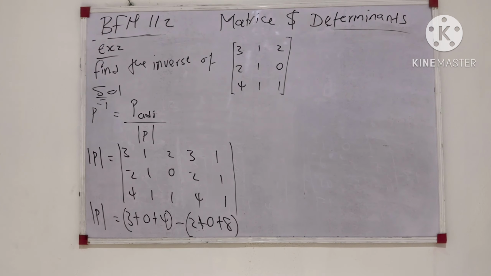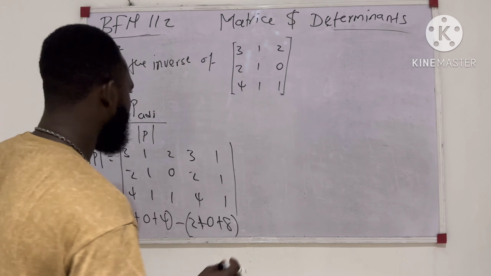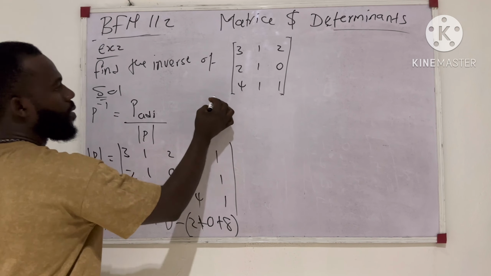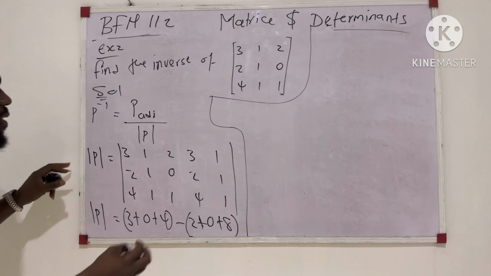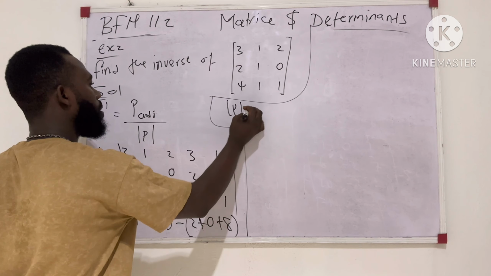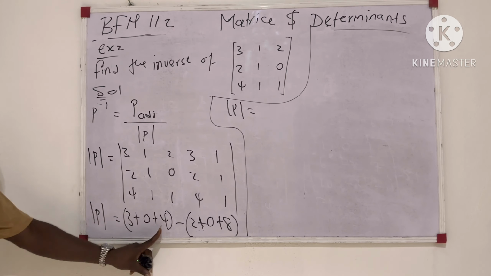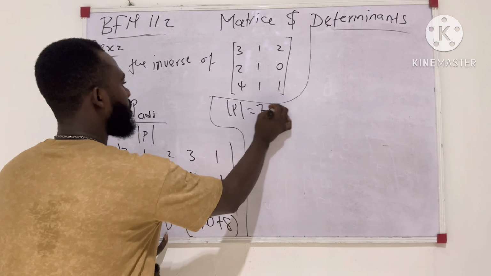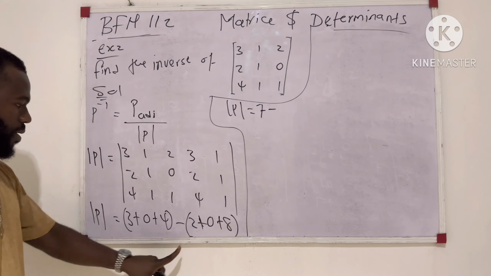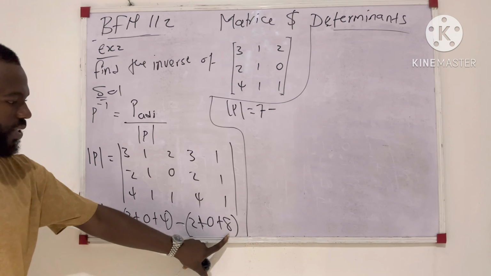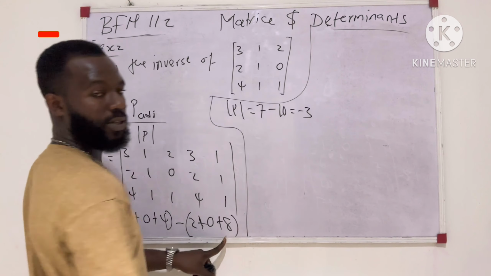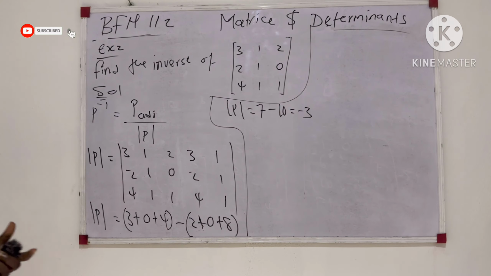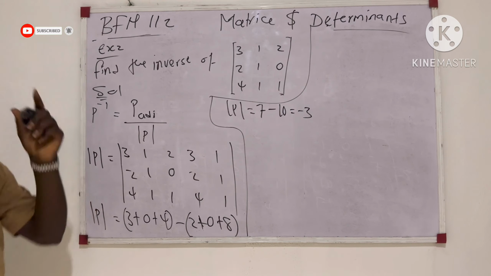So the determinant of P is equal to 3 plus 0 plus 4, which gives us 7, minus 2 plus 0 plus 8, which gives us 10. And 7 minus 10 will give us minus 3. So it means the determinant of this matrix P is minus 3.